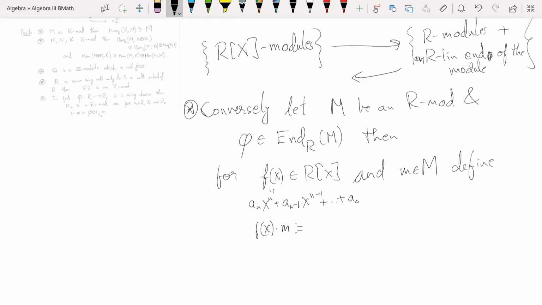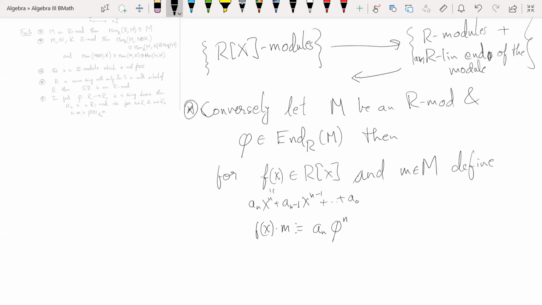But if it is x, then it should correspond to phi. So what you do is consider a_n and phi to the power n. So what is phi to the power n? It's composition.